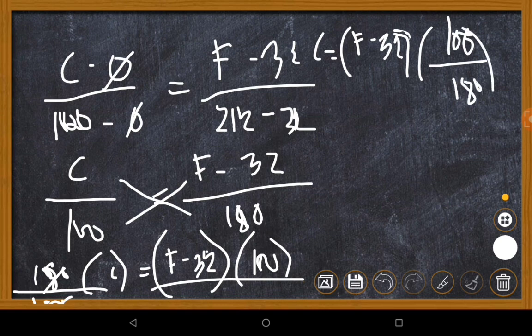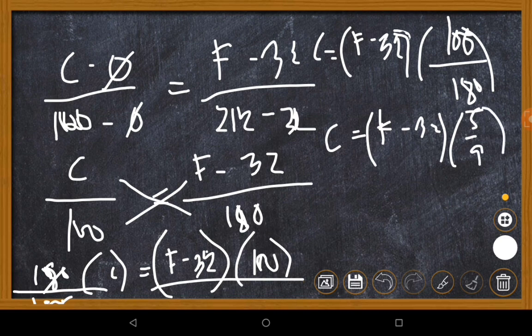So we need to simplify this 100 over 180 into its simplest form. So this would be C is equal to Fahrenheit minus 32 times 100 over 180, and its simplest form is 5 over 9.